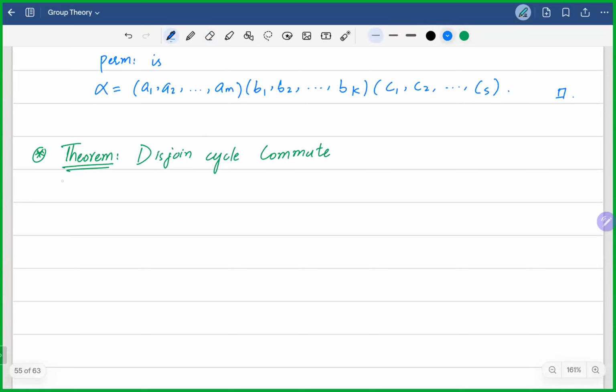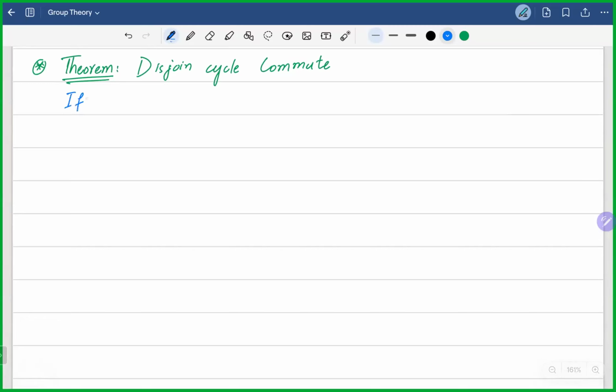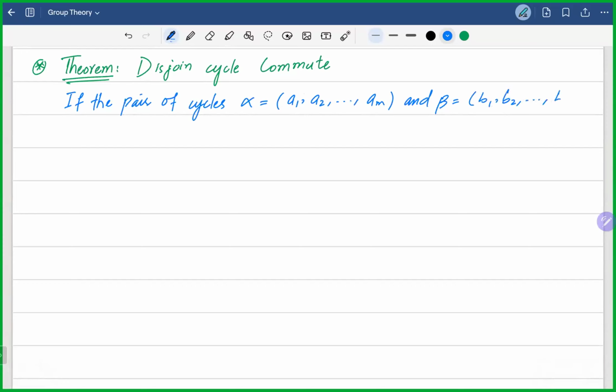The statement says: if the pair of cycles alpha equals (A1 A2 ... Am) and beta equals (B1 B2 ... Bn) have no entries in common, then alpha beta is equal to beta alpha.